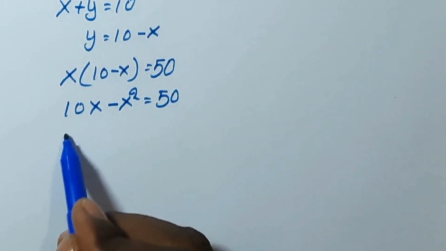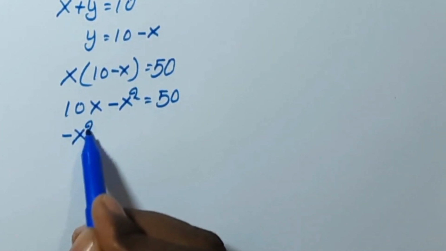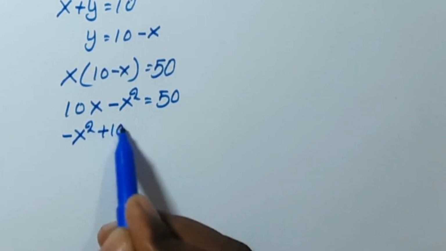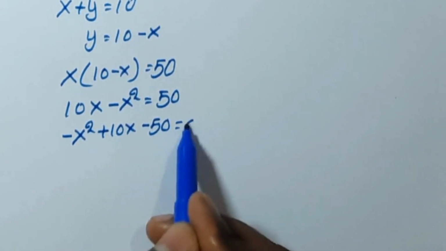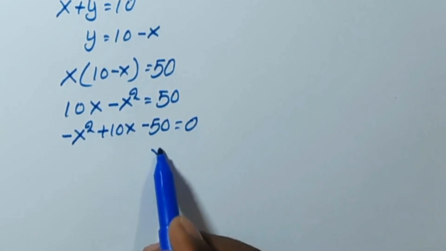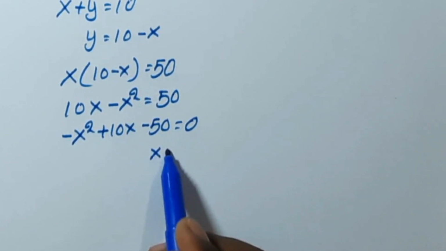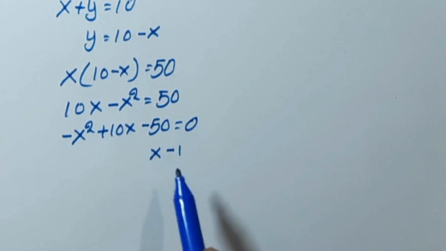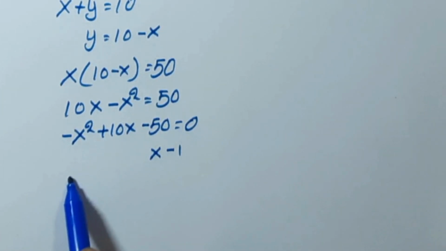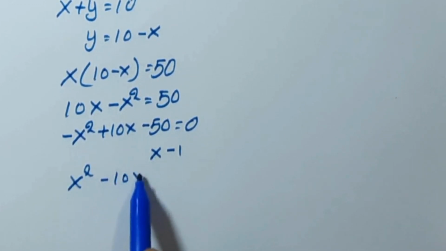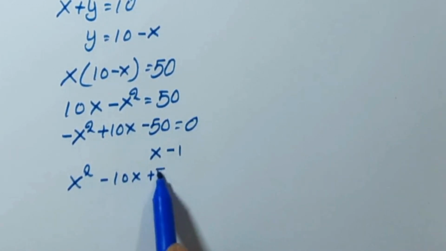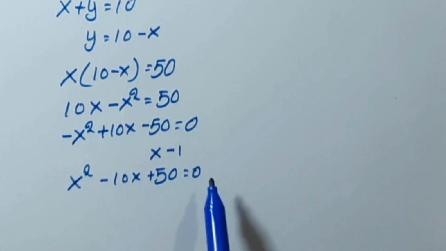Now minus x square plus 10x minus 50 equal to 0. Multiply this equation with minus 1. So x square minus 10x plus 50 equal to 0.